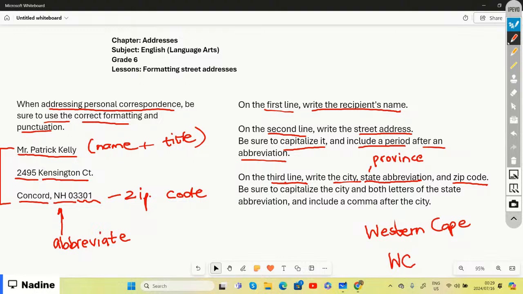So in the second line, we write our house number as well as our street address, but we need to be sure to capitalize it.